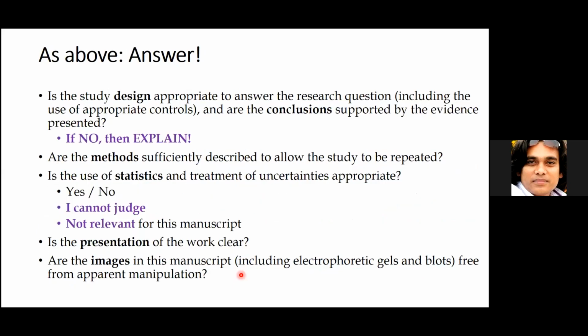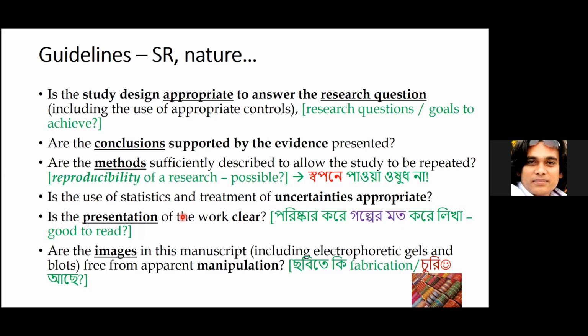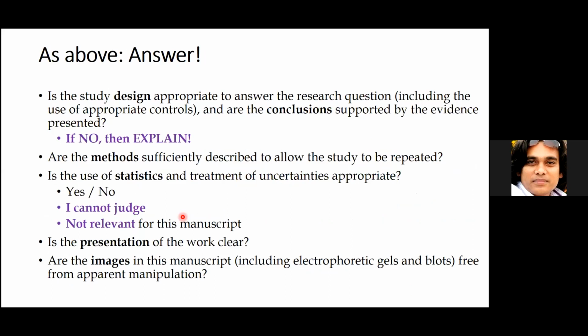Now, you answer all the previously mentioned points. If there is anything wrong, you explain that these are the problems. If you cannot explain or judge whether the statistics or treatment of uncertainty is appropriate or not, and some other things, you can clearly mention that you cannot judge, or you are not an expert, or that this issue is not relevant.